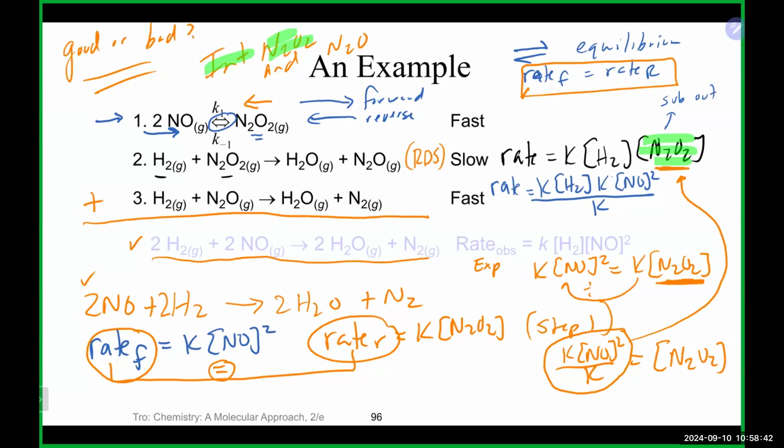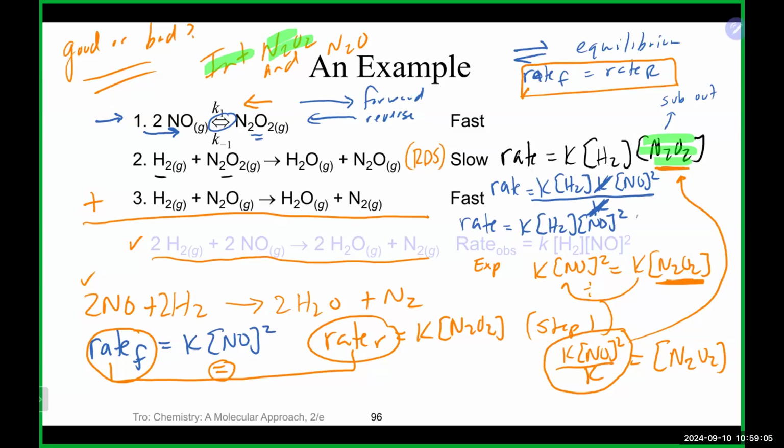That means that the k on top, one of them, and the k on the bottom should cancel out because they are the same numbers. That means that if we reduce that down, the rate is equal to k[H2][NO]², which is now the rate law for our rate determining step that does not have the intermediate in it.